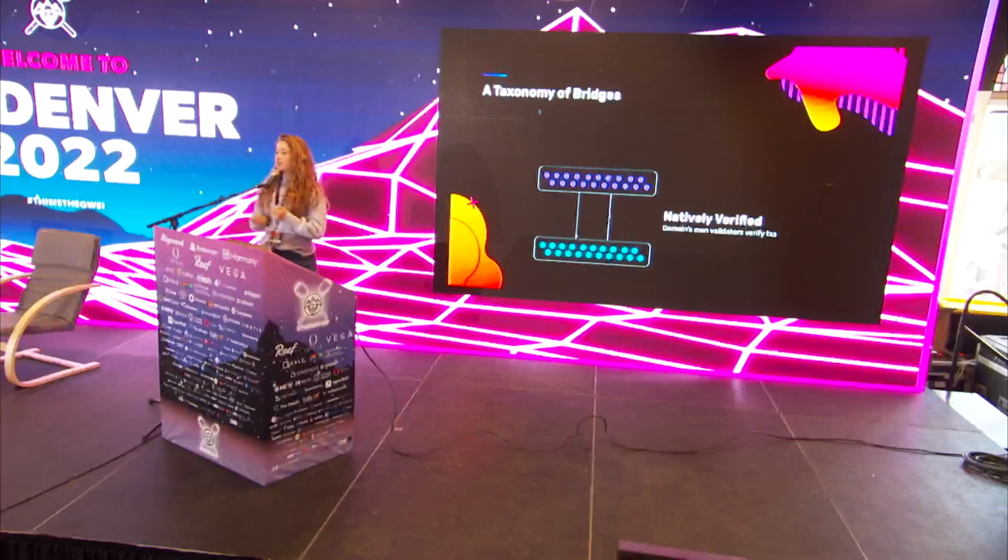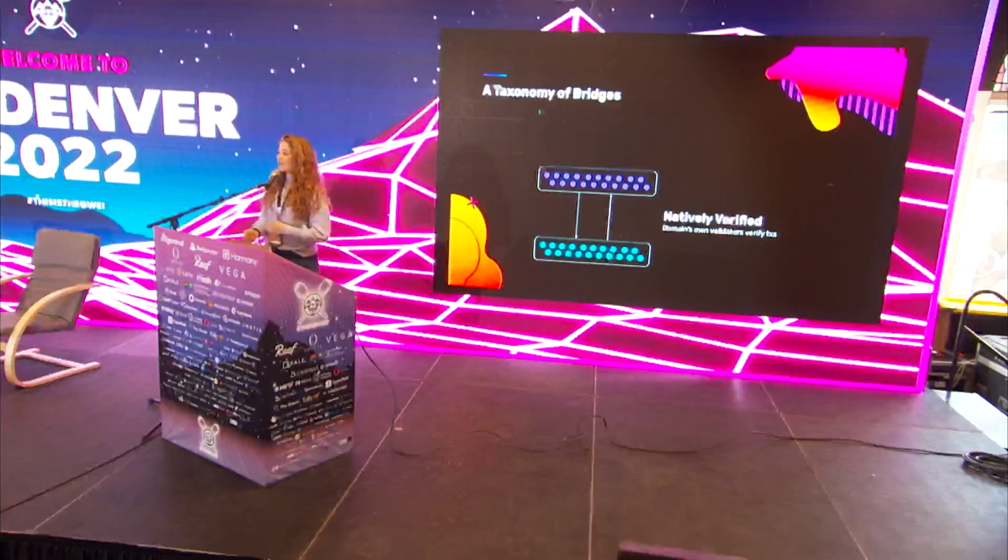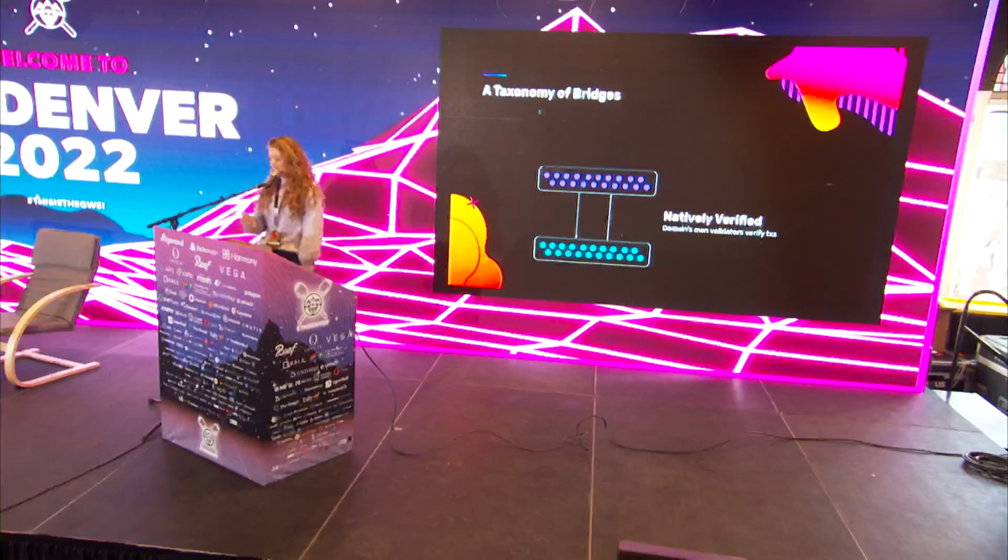They are also very trust minimized because you're only depending on the chain's validator set. There's nothing extra that you're adding into the mix. Unfortunately, they're definitely not extensible because they depend a lot on the underlying architecture and consensus mechanisms of the domains. So I can't take the Near Rainbow bridge and copy paste it and have it work for Evmos to mainnet. It just won't work like that.